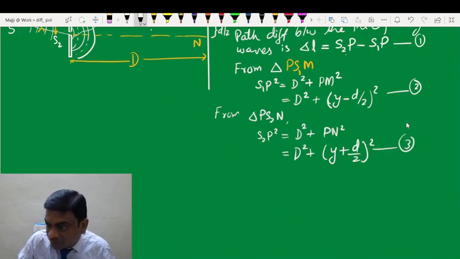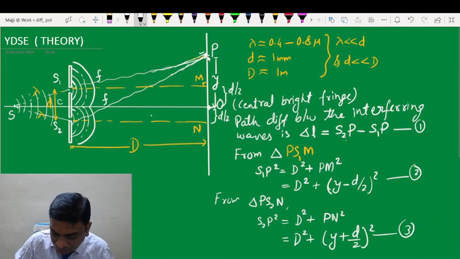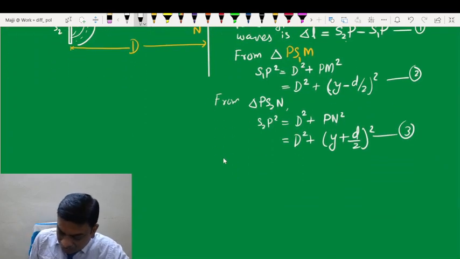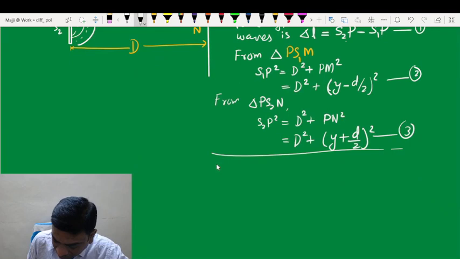You can see from the figure, students, this PN is equal to PO plus ON, from here to here it is Y, plus d by 2. Now let us subtract equation 2 from 3, that is equation 3 minus equation 2, because we require S2P minus S1P, so I am subtracting this way.